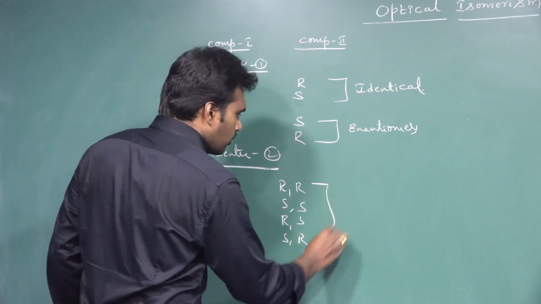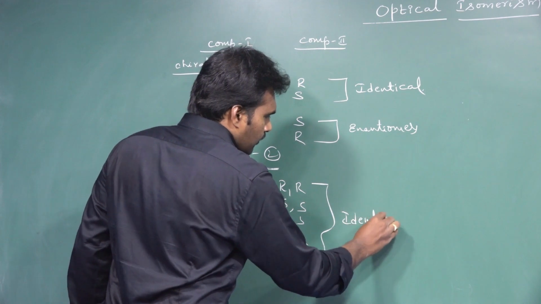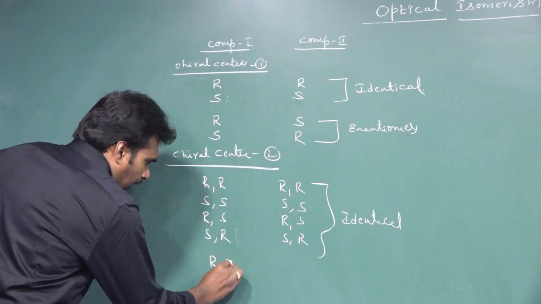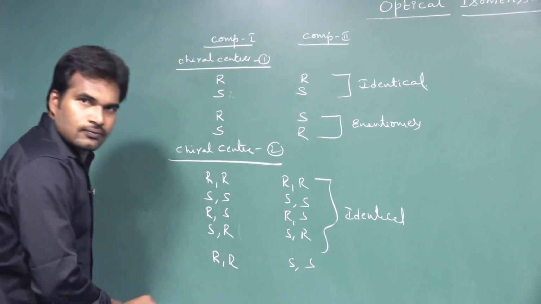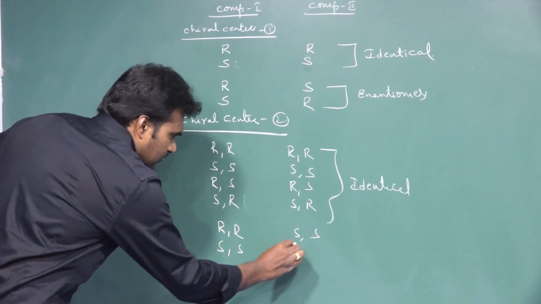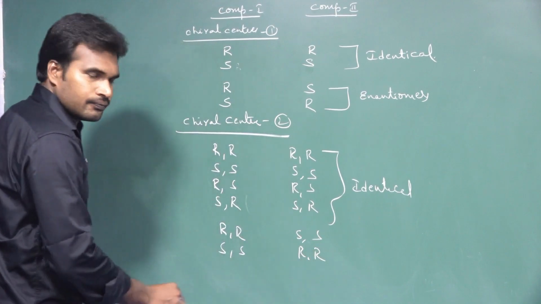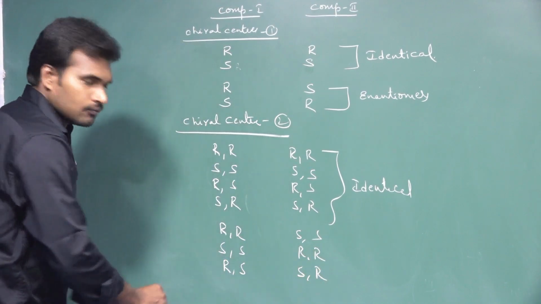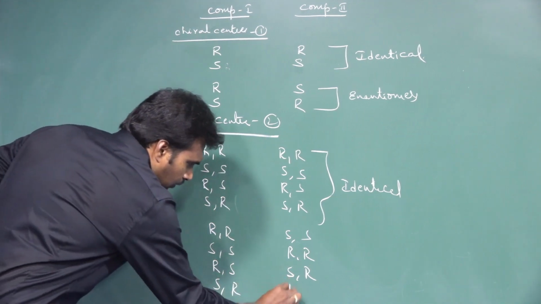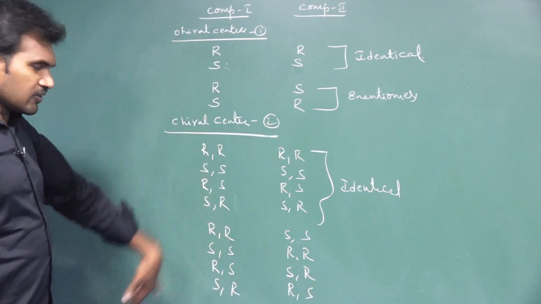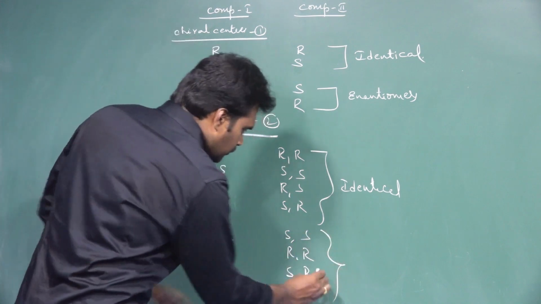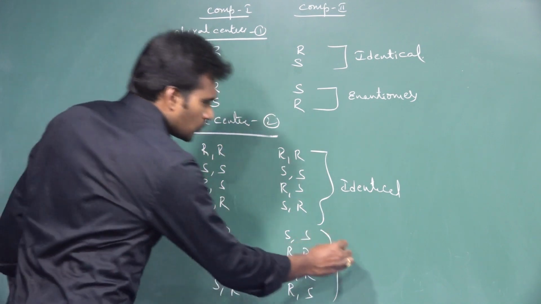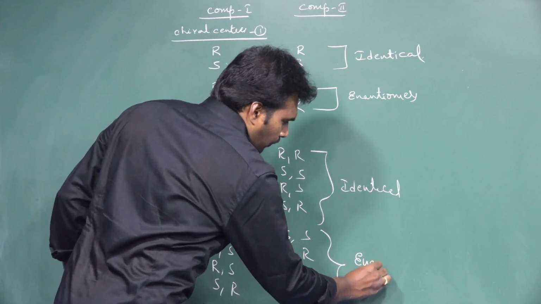So they are identical isomers. Now RR with SS, SS with RR, RS with SR, SR with RS: these all have the opposite configuration at every center to the first compound, so these all are enantiomers.